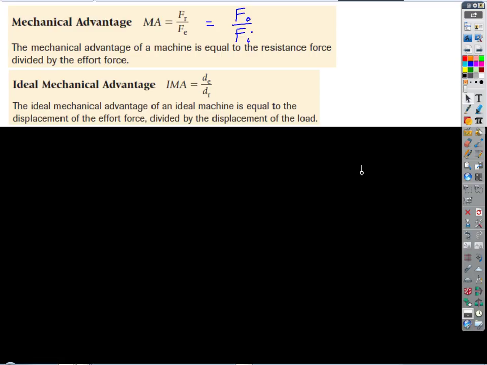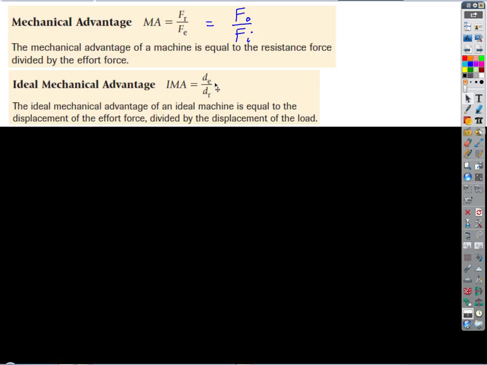Oh, in Sweden. So ideal mechanical advantage, remember we said it's always based on the geometry of the situation, right? It's without any frictional forces, without any loss. This is what the mechanical advantage should be. Rarely is it actually accurate, because there's typically going to be some frictional losses, in some cases more than others. But this is based on the geometry.